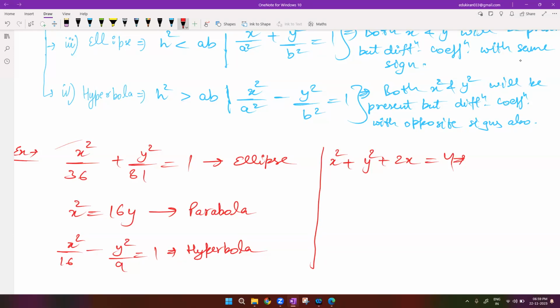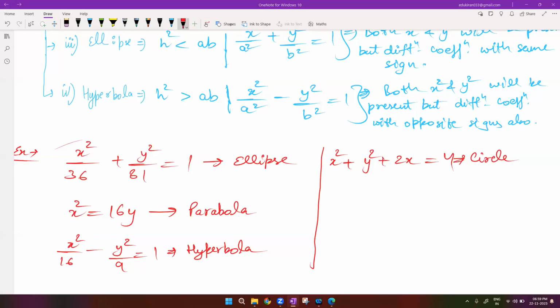Don't focus on any other thing. Just the coefficient of x square and y square. And this is a circle because the coefficient of x square and y square both are the same.